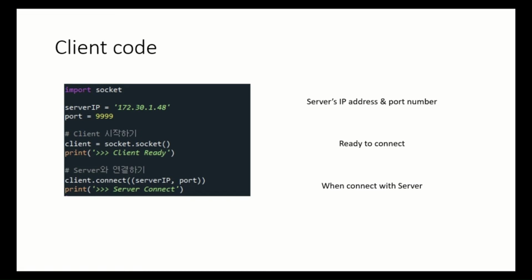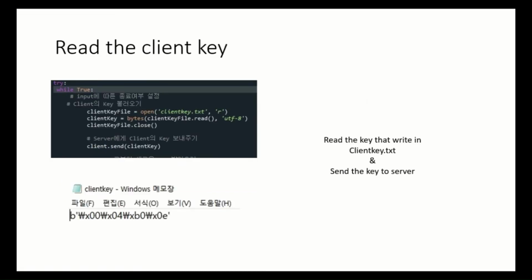When the connection is complete, there is a message on the console, server connect. And the client reads their key from the clientkey.txt file. The reason we use a text file is that it is so useful to update their key. After the client reads the key, they send this key to the server.